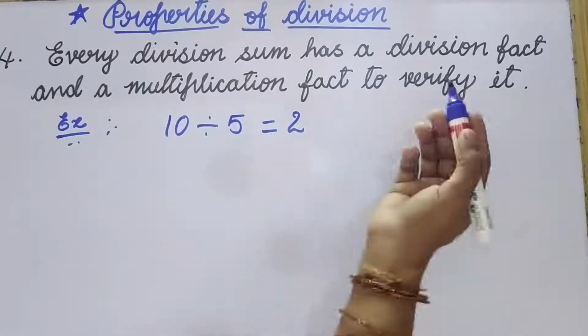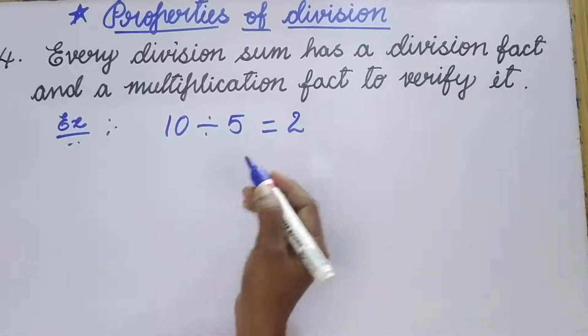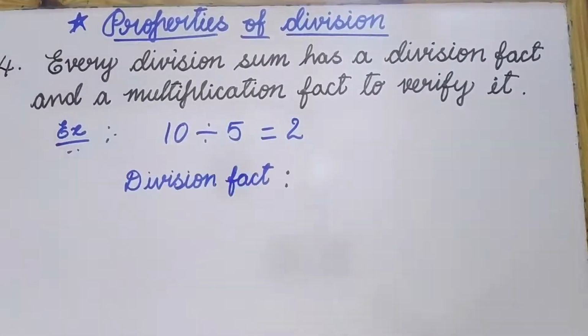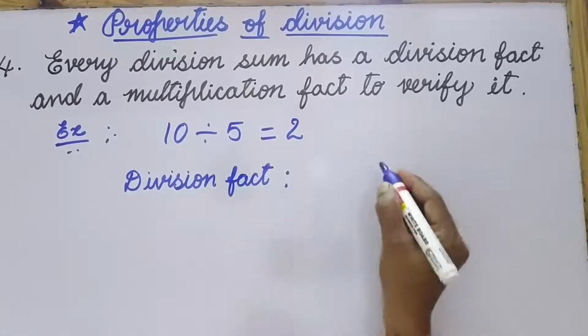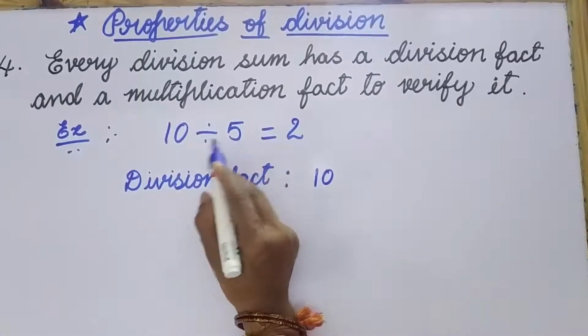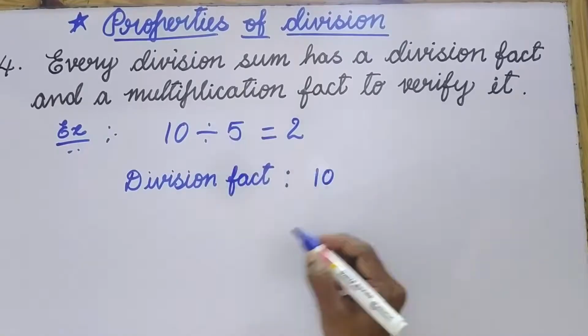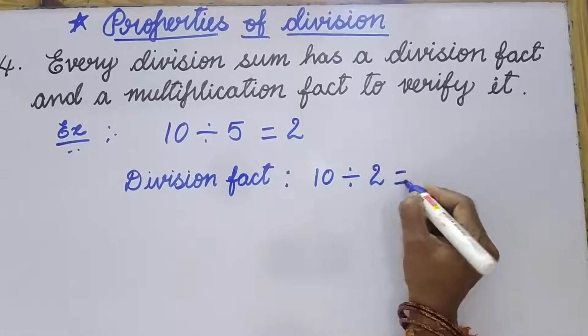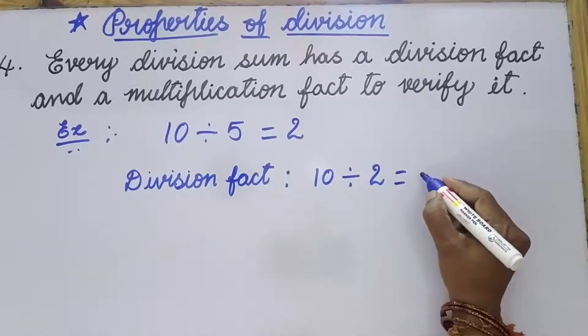First, let us see what the division fact of this sum is. The division fact of this sum will be: if you divide 10 by 5, we get 2. What about 10 divided by 2? What do we get? 5. Isn't it?